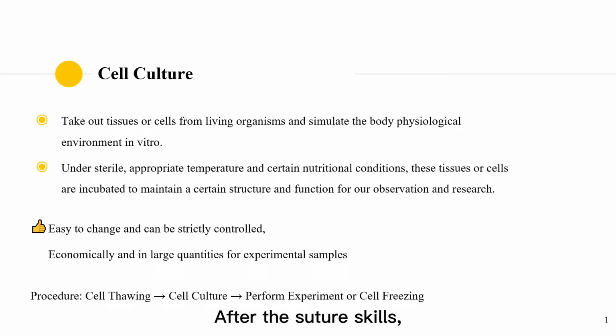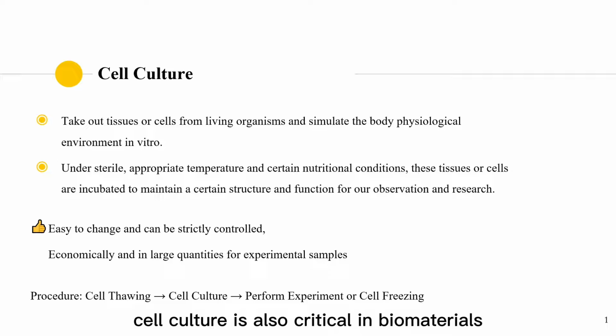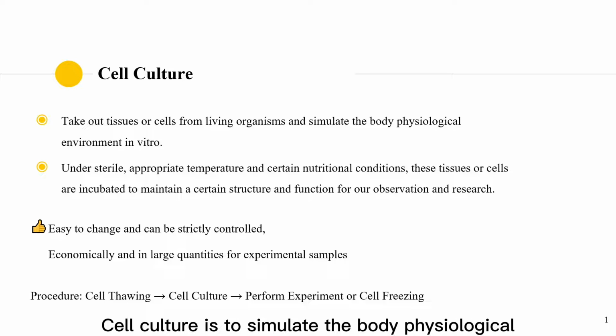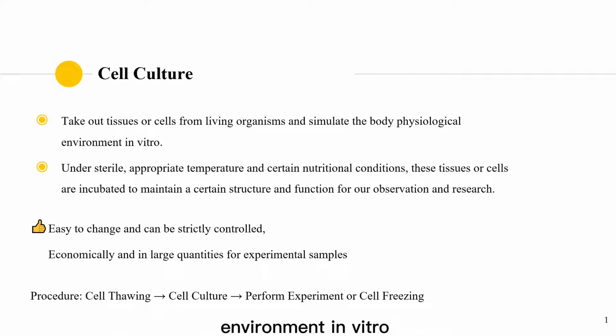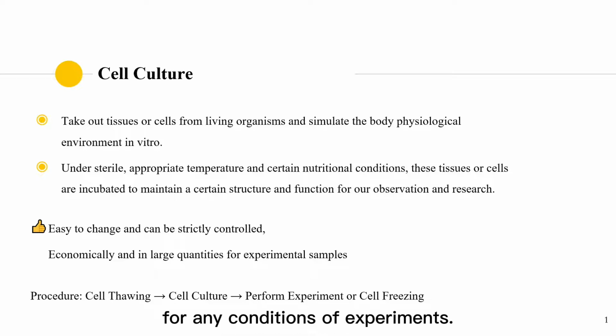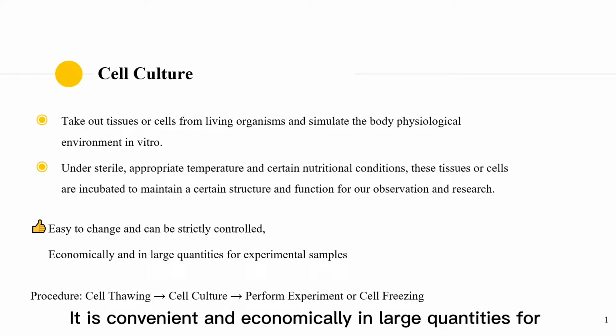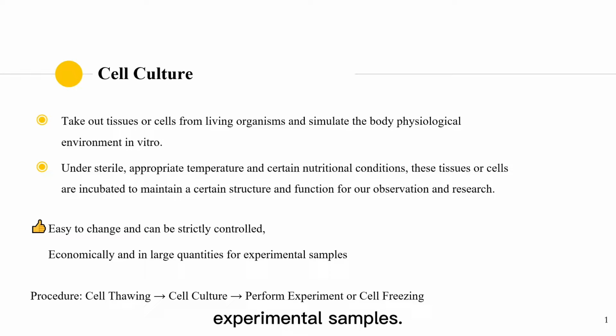After the suture skills, cell culture is also critical in biomaterials. Cell culture is to simulate the body's physiological environments in vitro for any conditions of experiments. It is convenient and economical for large quantities of experimental samples.